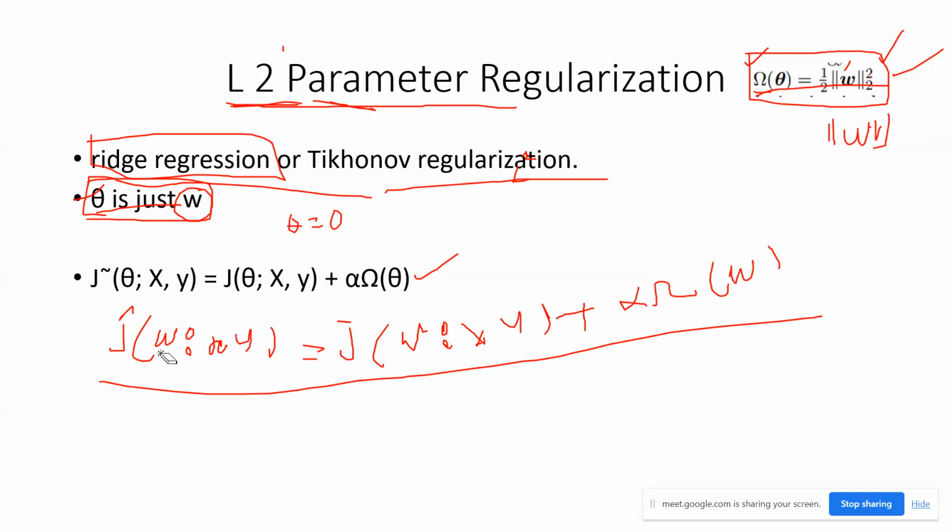You can consider this as equation number 2. By replacing theta with W in ridge regression, we got this, and you replace omega theta equal to half into W2.